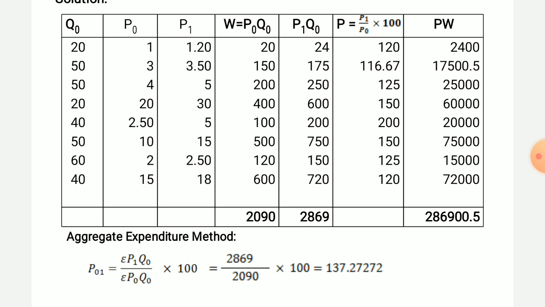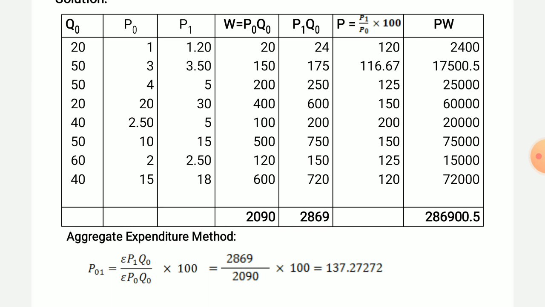So 1.20 by 1 into 100 is 120, 3.50 by 3 into 100 is 116.67, 5 by 4 into 100 is 125, 30 by 20 into 100 is 150, 5 by 2.50 into 100 is 200, 15 by 10 into 100 is 150, 2.50 by 2 into 100 is 125, 18 by 15 into 100 is 120.